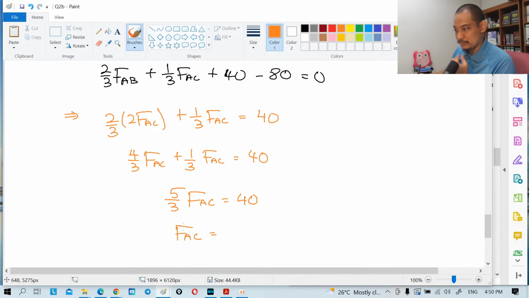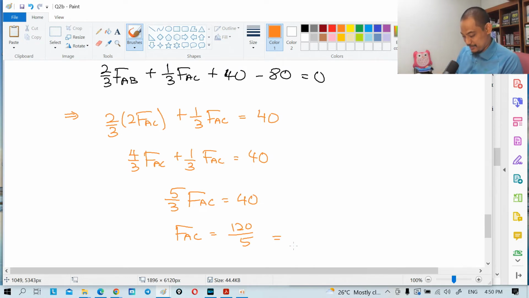FAC equal to, times there, so 120 divided by 5, is it? Eh, 120. What am I doing?